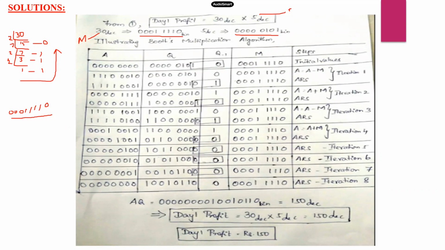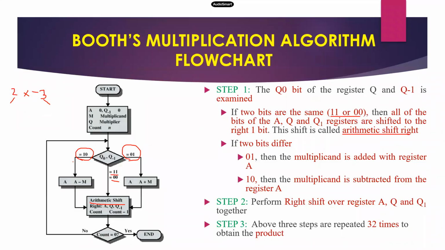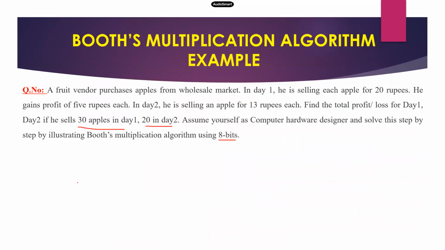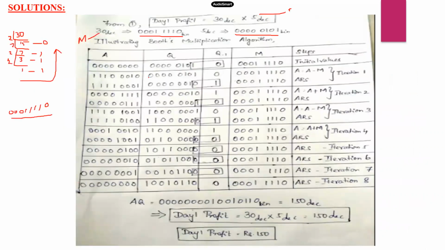Now we have to take the two adjacent bits, Q and Q minus 1. Here I have marked them in a bracket, right? Q and Q minus 1, you start from the LSB bit. So 1, 0. In the flow chart, we already know that 1, 0 means we have to subtract: A equals A minus M. That is, the multiplicand is subtracted from the register A. So what is register A?